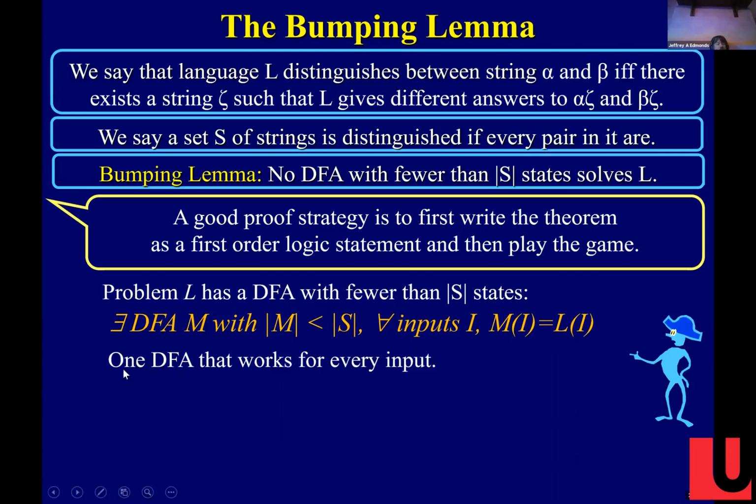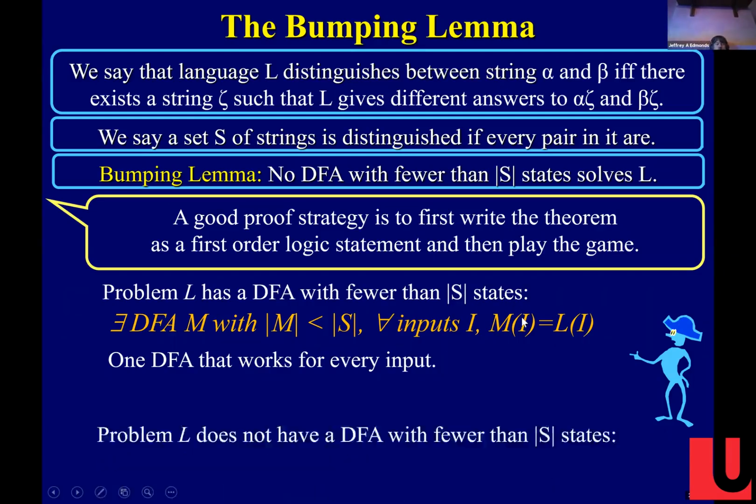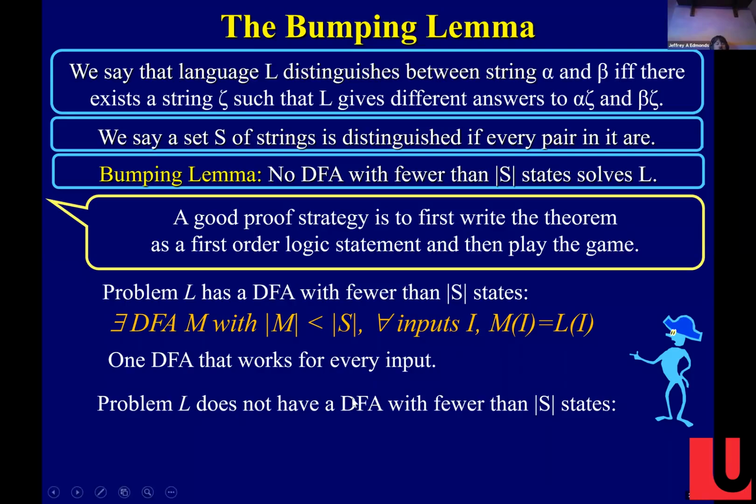The point is there exists one DFA that works for every input. The problem L does not have a DFA. Here we're saying L does have a DFA with fewer states. Now we're taking the negation of it. We're saying it doesn't have one.